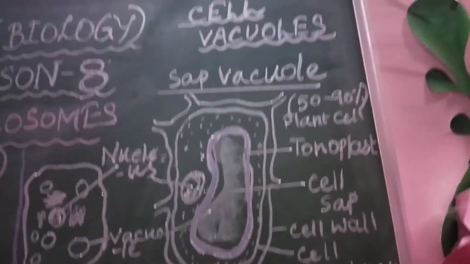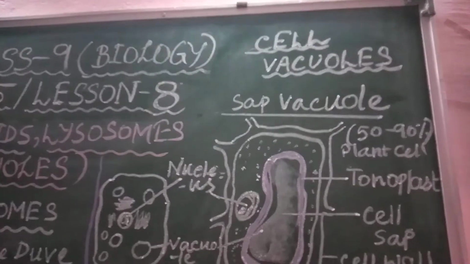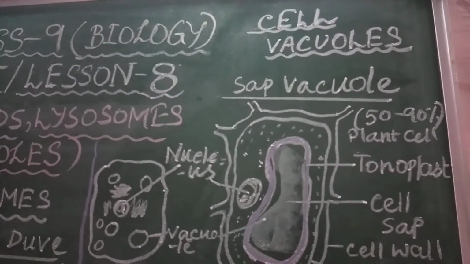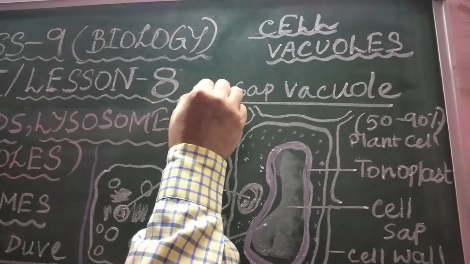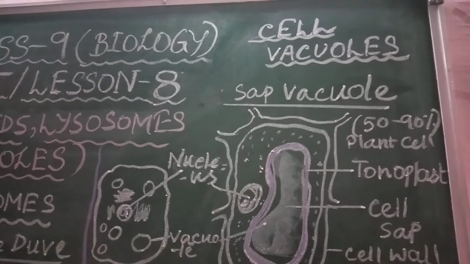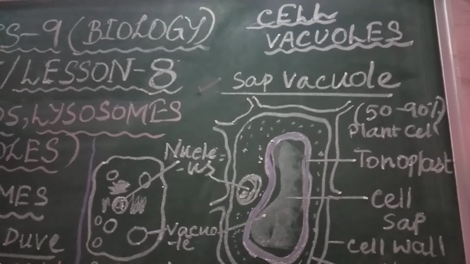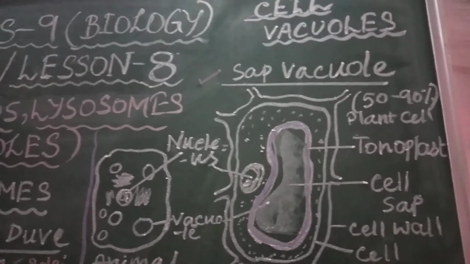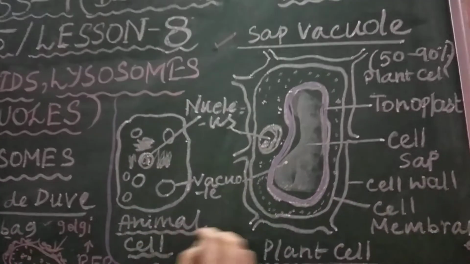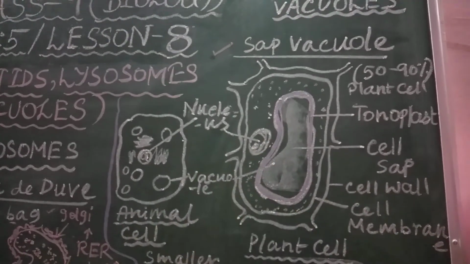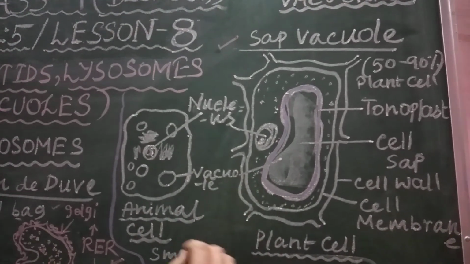Now we are going to discuss the cell vacuole. Cell vacuoles are of three types mainly. The type of cell vacuole mostly present in plant cells and animal cells is called the sap vacuole. They actually contain the cell sap. Here you can see the comparative position of the cell vacuole in plant cell and animal cell.